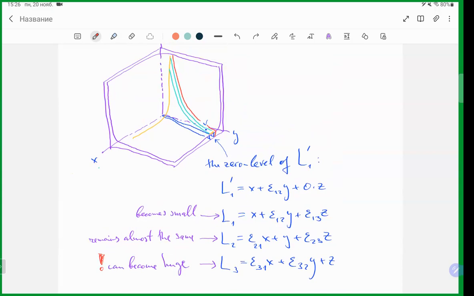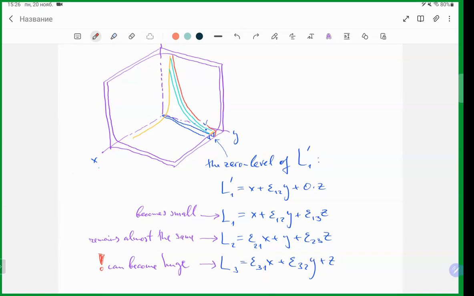So now, why did I need a more delicate picture here? I want this distance from V to the horizontal coordinate plane to look small, okay? Now, this red distance is determined by epsilon 1,2, right? And as for the epsilons 3,1 and 3,2, we only know that they are bounded by this epsilon 1,2.